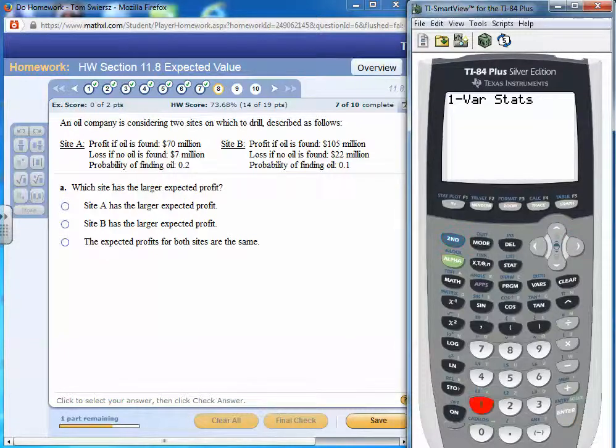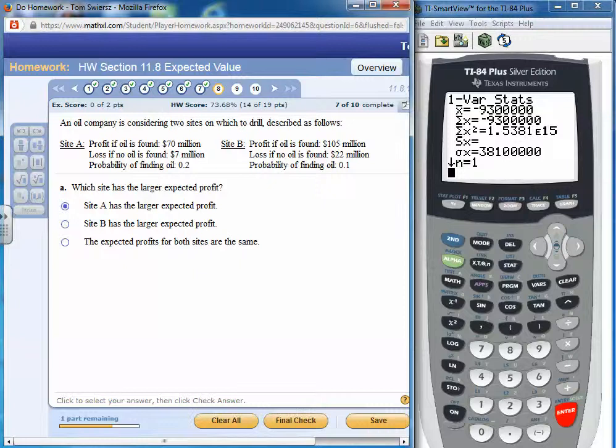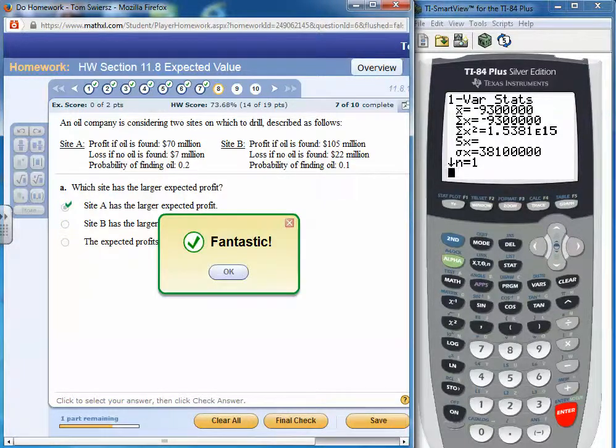Your first line is L1, your second line is L2, and this one is a negative 9,300,000. Okay, so the larger expected profit is going to be site A, because it was a positive number. Site B was negative.